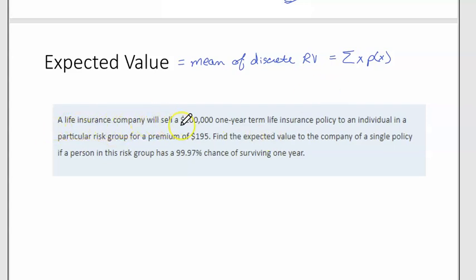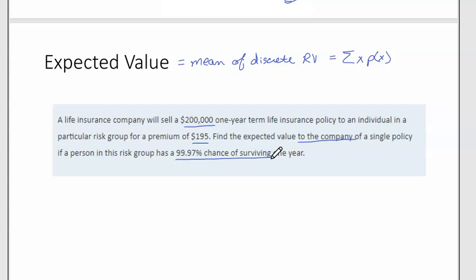We have a life insurance company that's going to sell a $200,000, 1-year term life policy to an individual in a particular risk group for a premium of $195. We want to find the expected value to the company of a single policy if a person in this risk group has a 99.97% chance of surviving the 1 year.